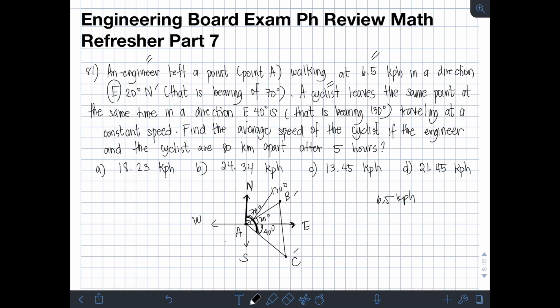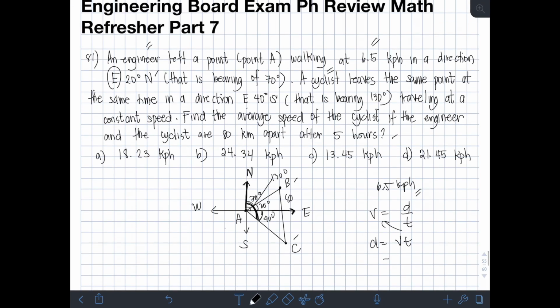Which is given na 80 kilometers, right? Tapos, makukuha din natin yung distance nitong engineer kasi given yung speed niya sa 6.5 kph, multiply natin sa time na 5 hours. Kasi nga, yung velocity is equal to distance over time. And distance is equal to V times T.